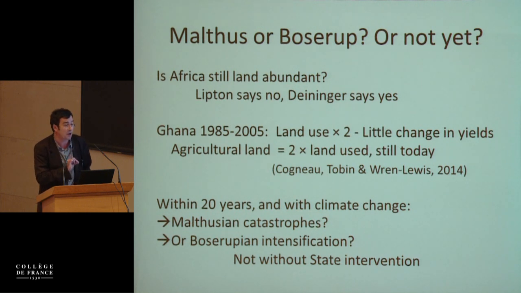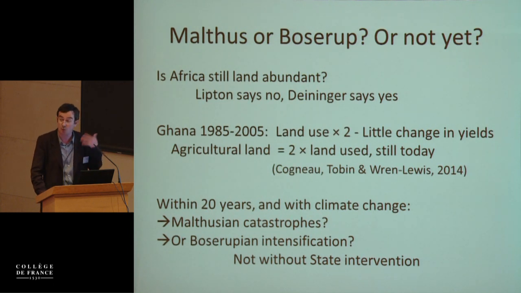Using household surveys funded by the World Bank and implemented over the 2 decades running from 1985 to 2005, which was a great effort, I must confess, given the noise of the data, we calculated that the amount of land farmed across this 20 years period had more or less doubled, whereas the population of Ghana has less than doubled.